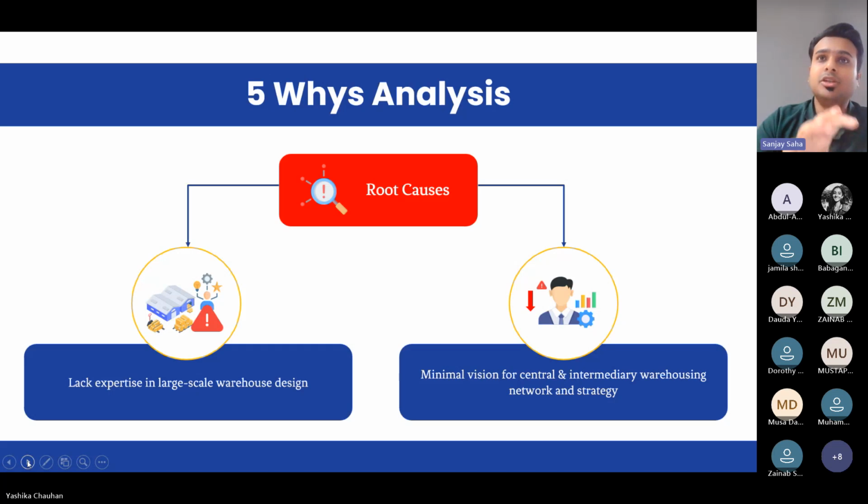But what a fishbone will help you do is list down all the various causes that you can think of. So instead of five whys, where you are going in a linear direction and not brainstorming at once, you are going in a linear fashion.